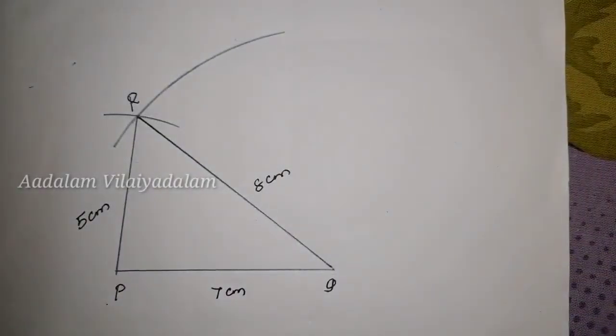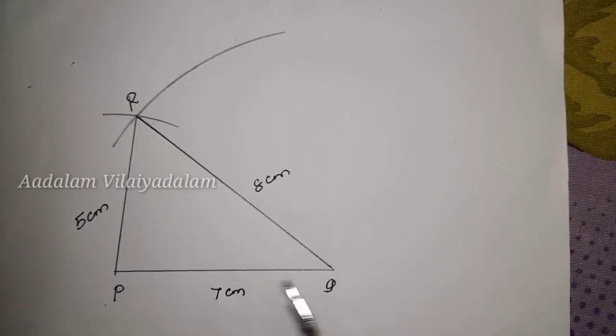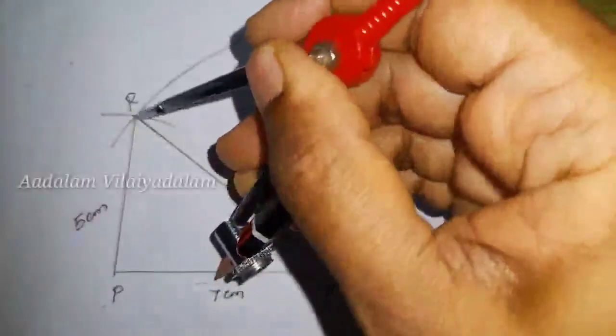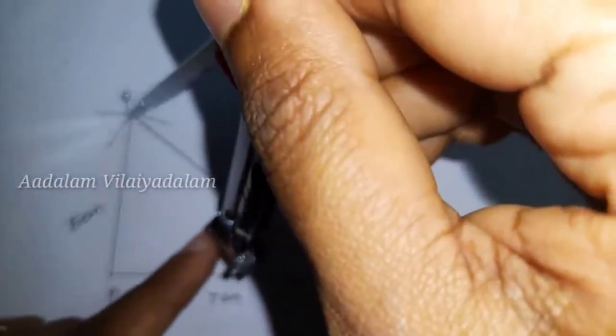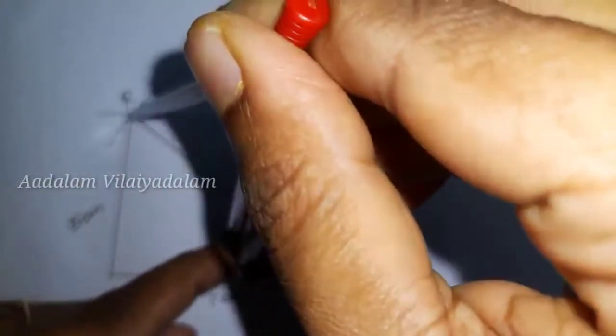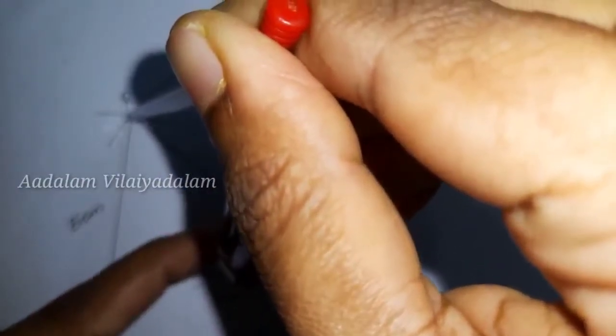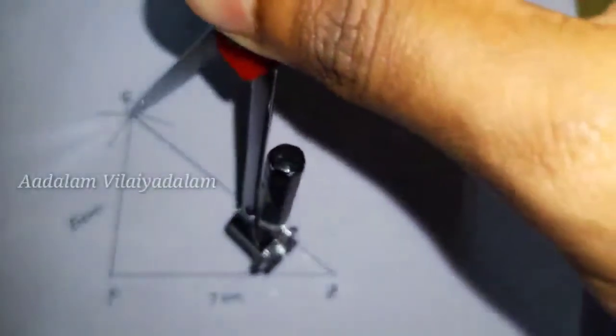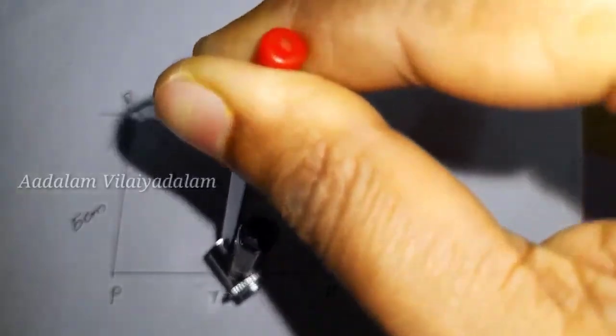Now draw the altitude from any two vertices. These are the vertices P, Q, R. At R center, just keep the compass here. Just take an approximate distance and make the arc here and here only.